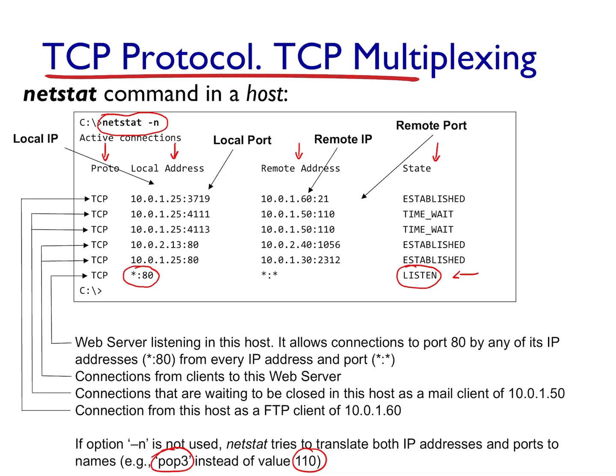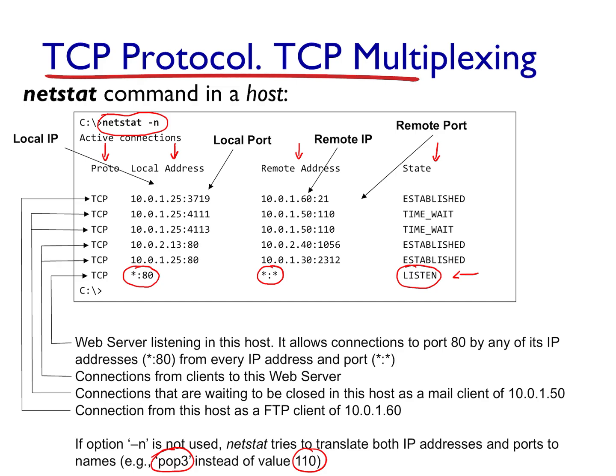From where? From any IP address and from any source port. So at the end, I'm acting as a web server, and I will accept any request from any computer in the world and with any source port.